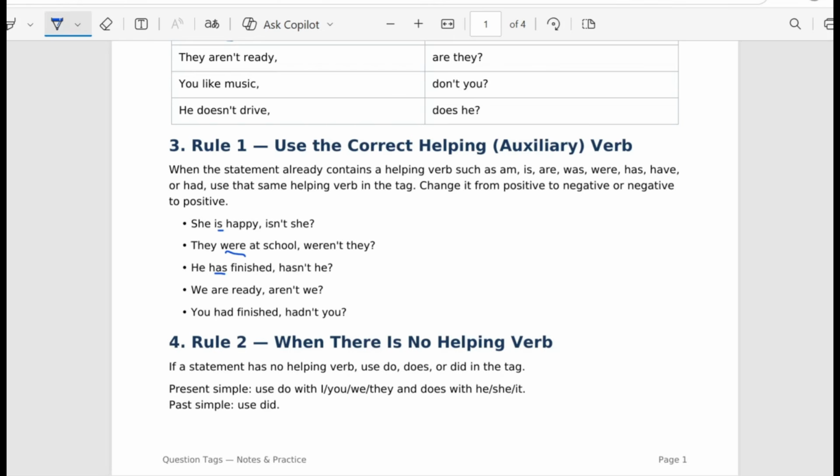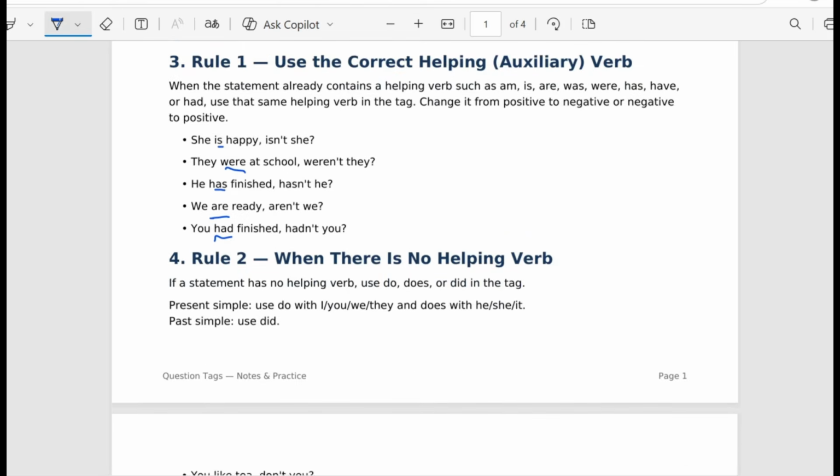We are ready. Are is the helping verb. We are ready, aren't we? You had finished, hadn't you? So the first rule says that you are supposed to use the auxiliary verb or the helping verb to make a question tag. Let us go to the second rule.